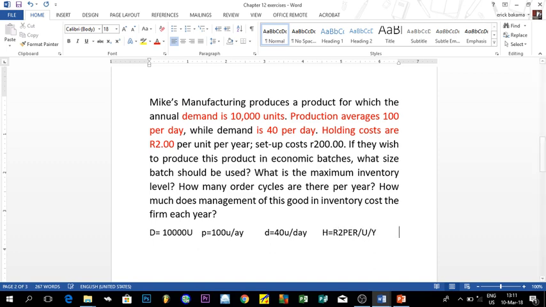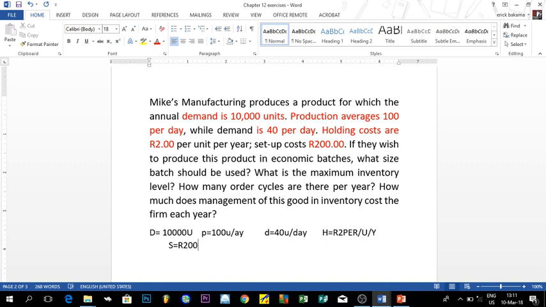Then after the holding cost, they say that we have the setup cost, which is equal to 200 rand. So we have our S equal to 200 rand per year.